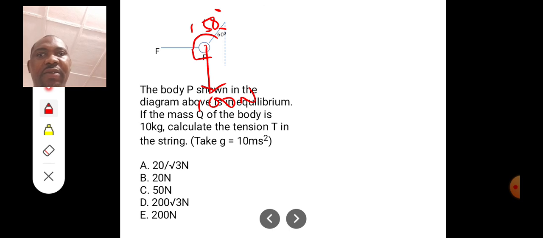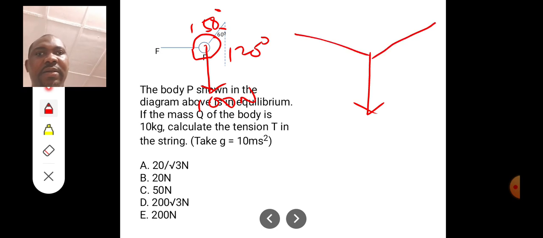That's if I want to use Lami's theorem. Okay, so 90 plus 150 is 240. That makes the rest of the angle 360 minus 240, which is 120 degrees. So we are going to have something like this.